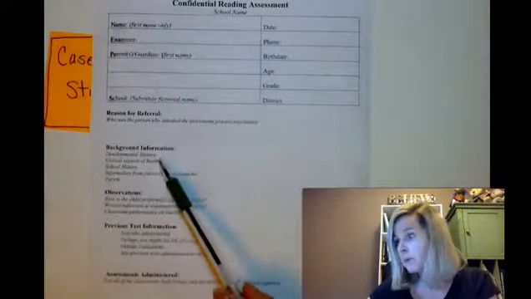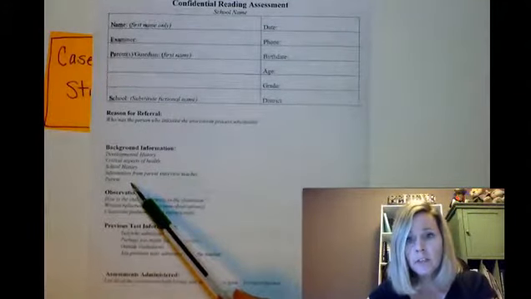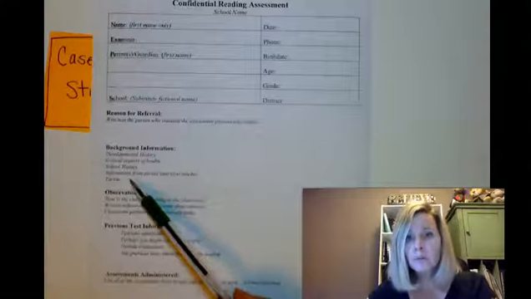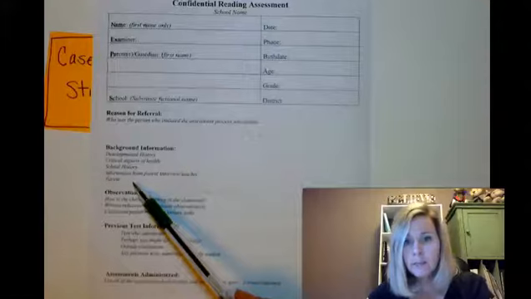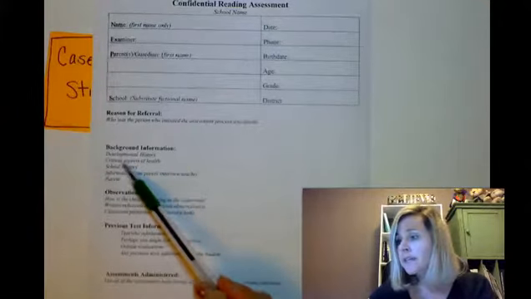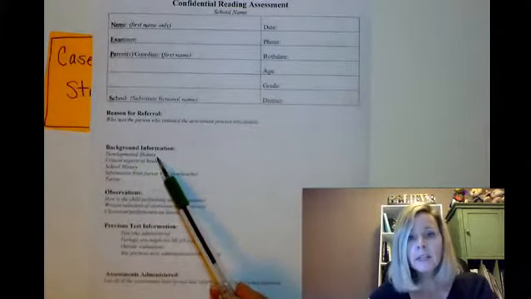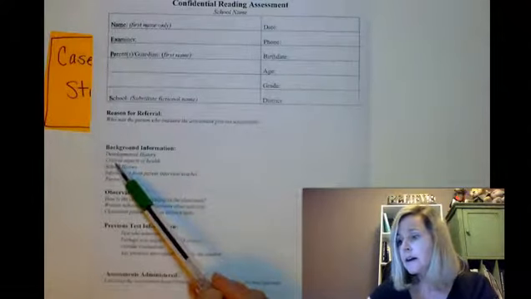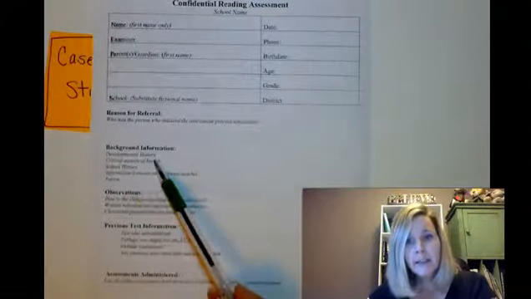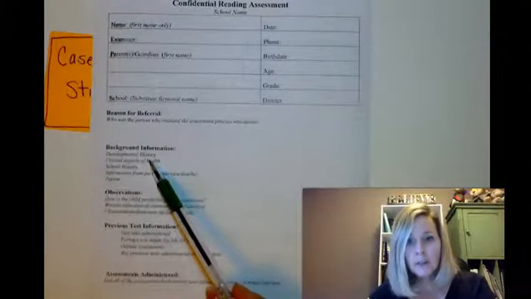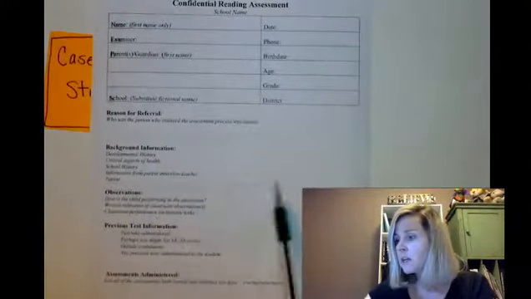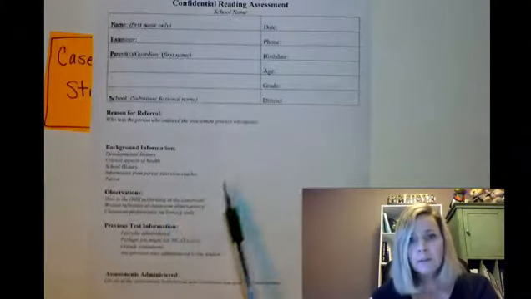But some people have more information than others, and sometimes it's really helpful to include more information rather than less information. And so if there's any type of developmental history, if the student has something significant that would impact their educational history, it's important that we really just kind of give some background information.